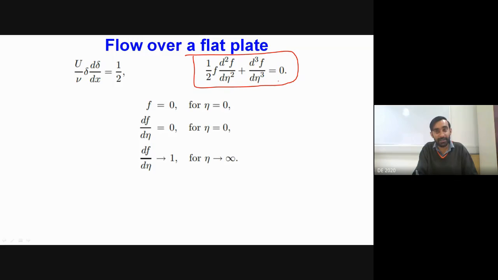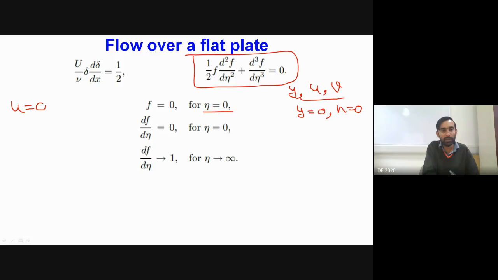Now what we need to do is convert our boundary conditions, which earlier we took in terms of y, u and v, into the corresponding form of f and eta. At y equal to 0, eta will be equal to 0. At eta equal to 0, we have taken u equal to 0.